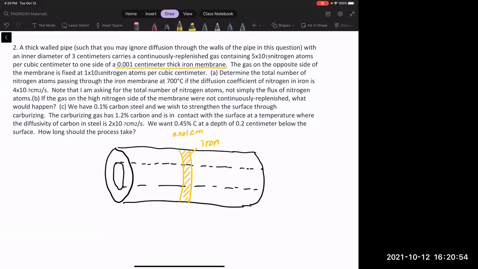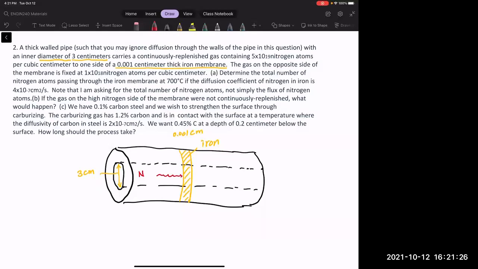The inner diameter of the pipe is given as 3 centimeters. They also tell you what is inside: nitrogen, and the nitrogen is going to diffuse to the other side of the membrane.